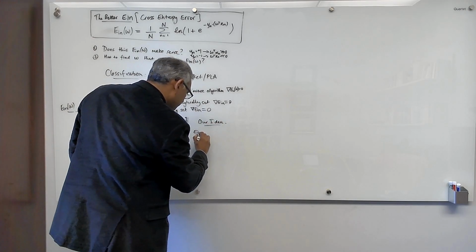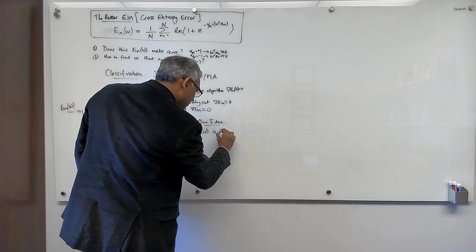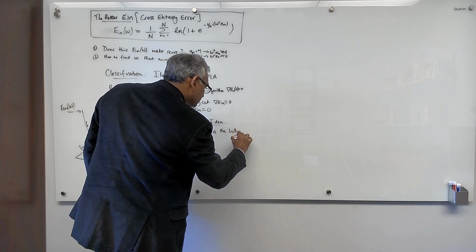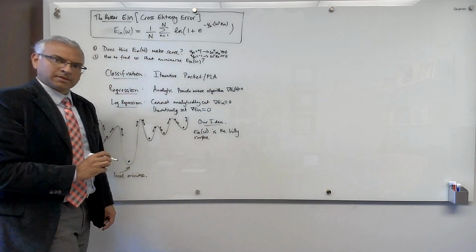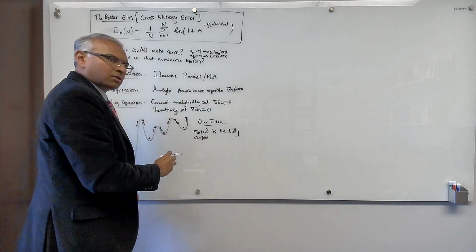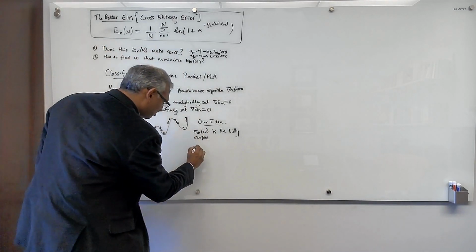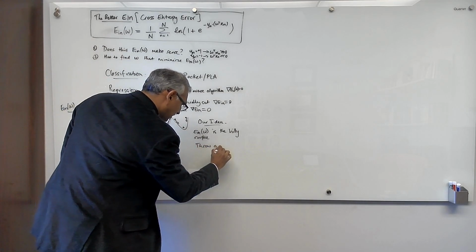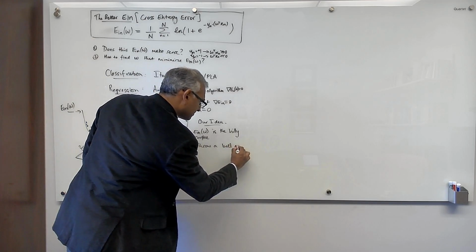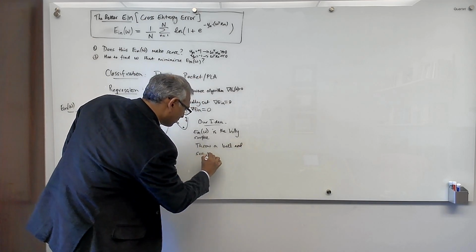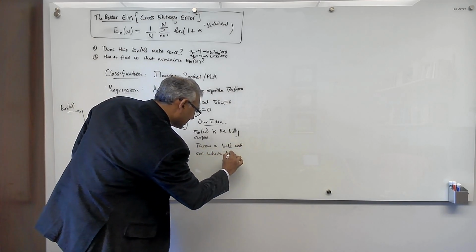So E in of W is the hilly surface, and we're going to throw a ball and see where it ends up.